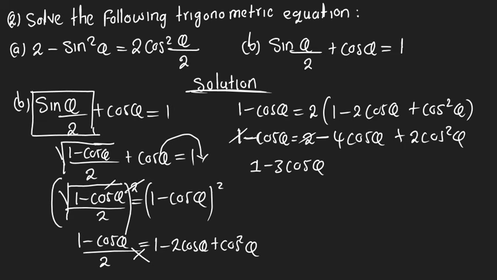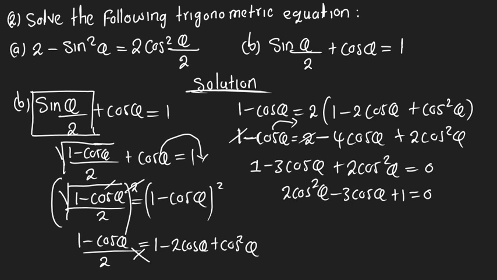Then I just got this and took it this side, then this is going to be 2 cosine squared theta, and then this is equal to 0. I can just put everything together like this: 2 cosine squared theta minus 3 cosine theta plus 1. So beautiful, guys, when it reaches this stage.